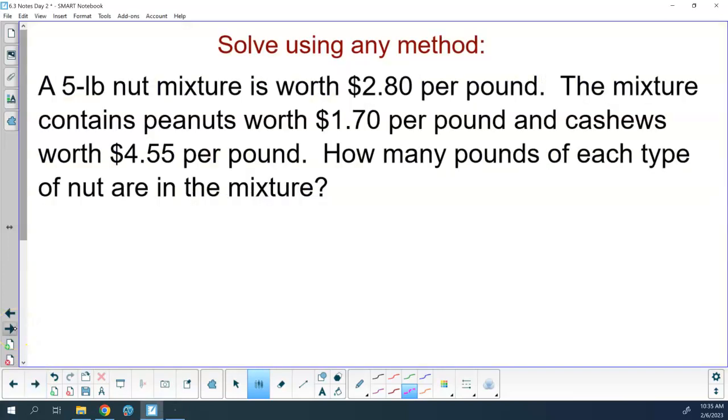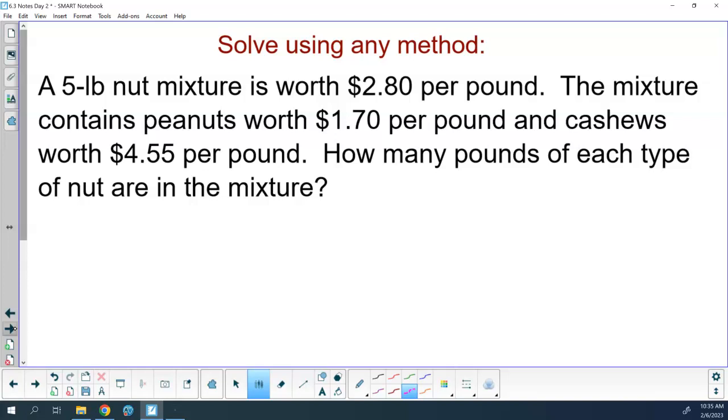We also have our old friends, the word problems, that we can do with elimination now. Same steps in terms of word problems. Got to read it. Got to write out some equations, and then you got to solve it.